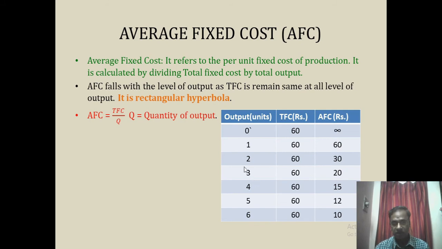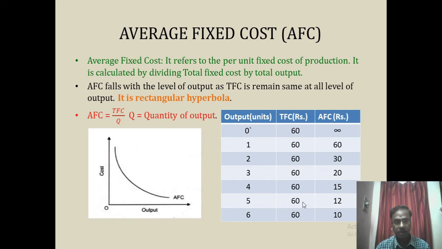As the level of output increases, the average fixed cost decreases because TFC is constant. And you can see here the AFC curve. The shape of the AFC curve is falling. It falls and it will never become zero.